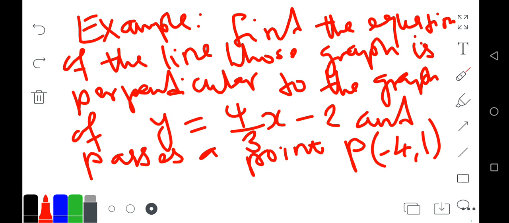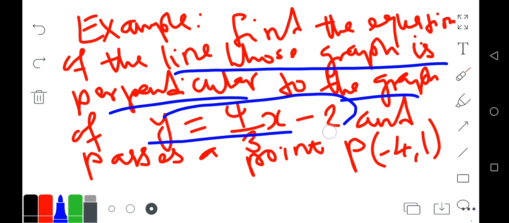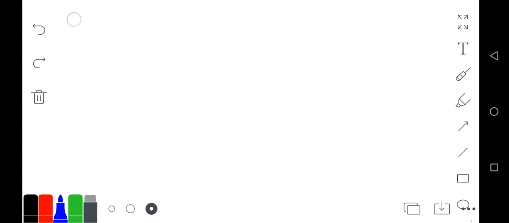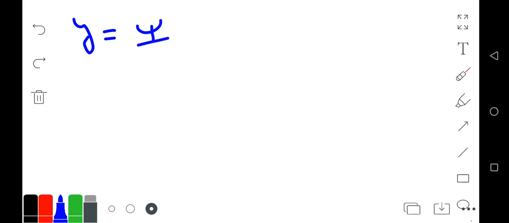So find the equation of the line whose graph is perpendicular to the graph of this equation, and passes through that point. So now the most important thing is we have been told that the first equation is y equals 4 over 3 x minus 2.